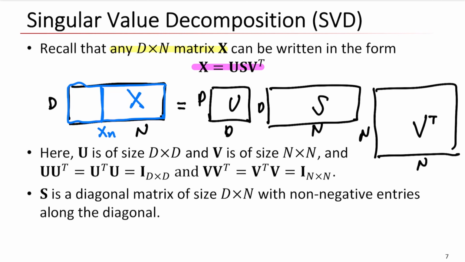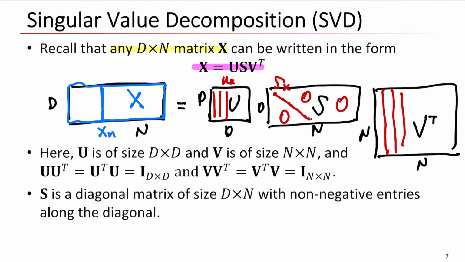This U matrix consists of the u_k here, this S matrix consists of the diagonal terms s_k, where the other terms are zeros, and V transpose also consists of column vectors, right? First of all, these two matrices U and V transpose are orthonormal.